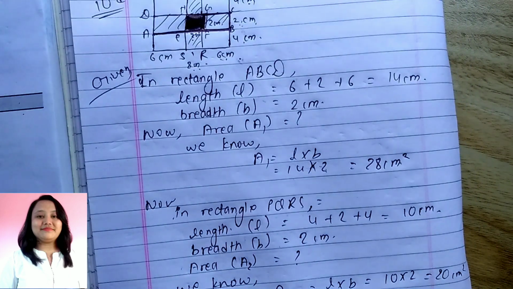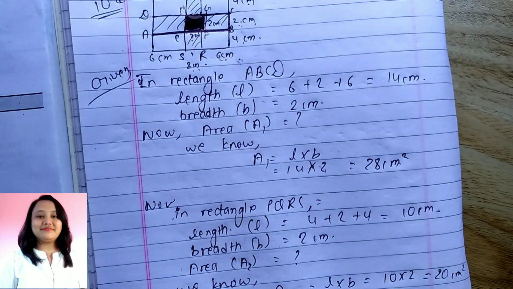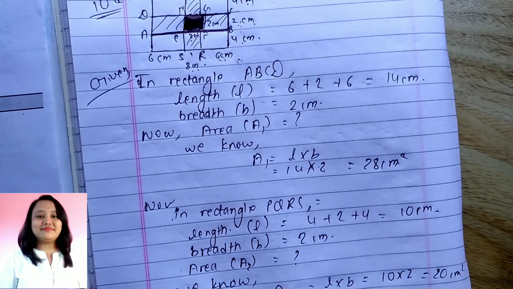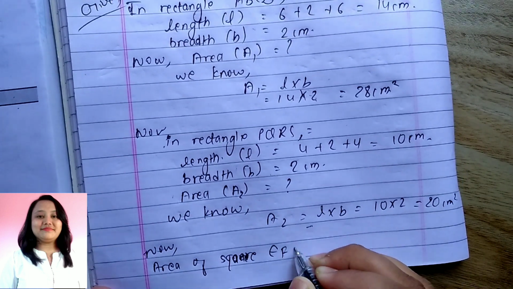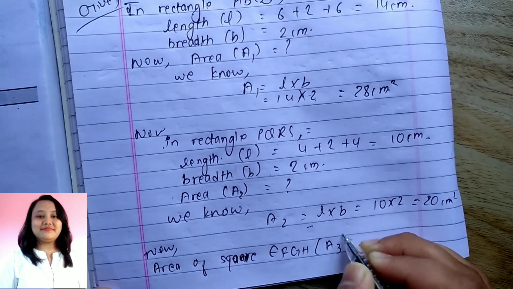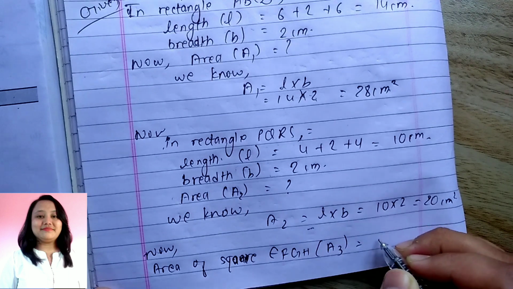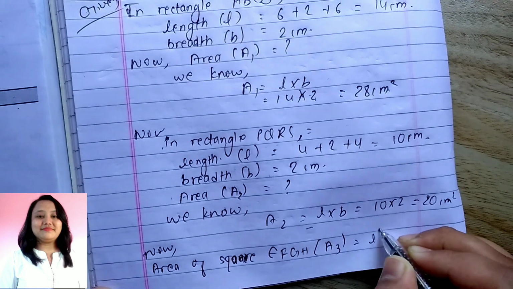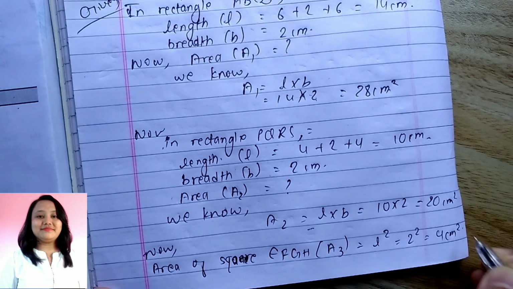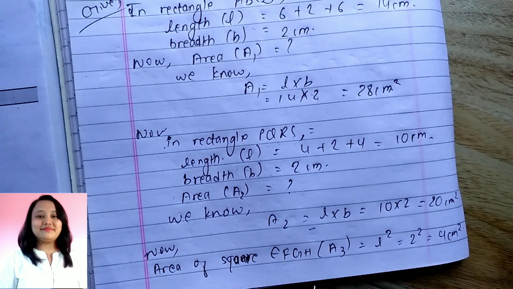Now, area of square EFGH, and this will be A3. This will be A3 equals L square equals 2 square equals 4 centimeter square. So we got now the value of all.